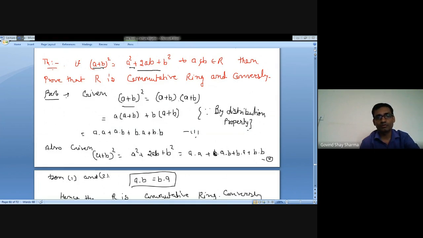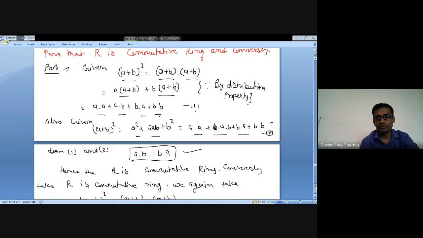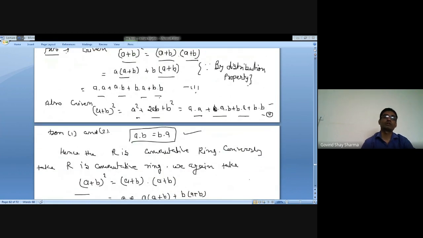So (a plus b) whole square is given, (a plus b)(a plus b). Now by distribution law we can write a dot a plus a dot b, b dot a plus b dot b. Now this becomes a square plus 2ab, and this is equal to this. So by 1 and 2 we get a dot b is equal to b dot a, so we can say that R is commutative ring.